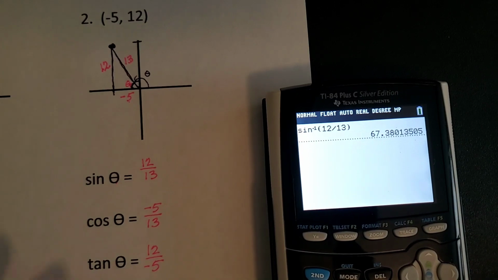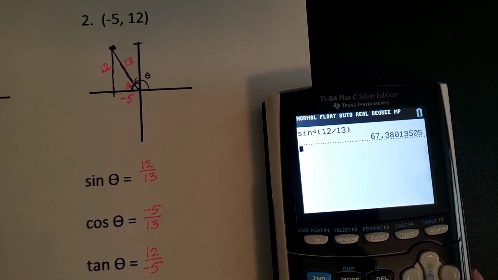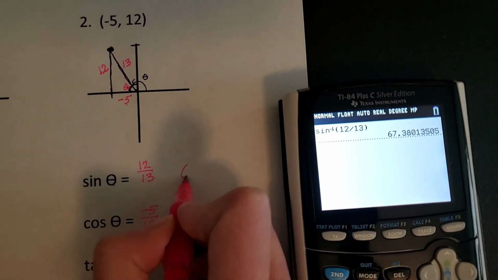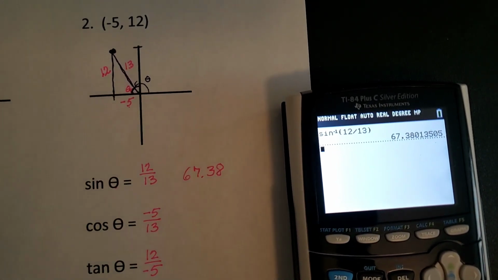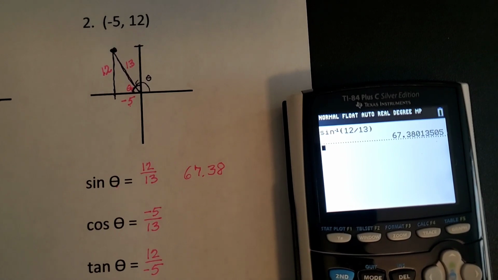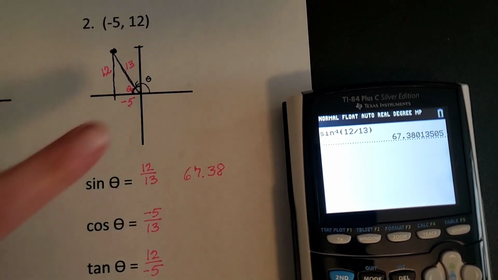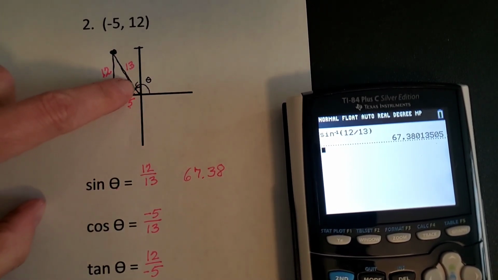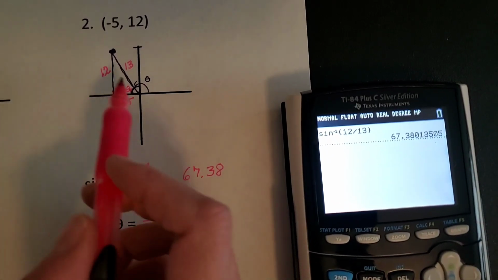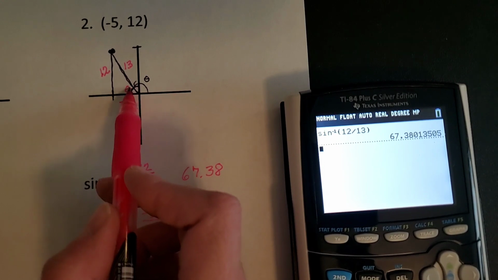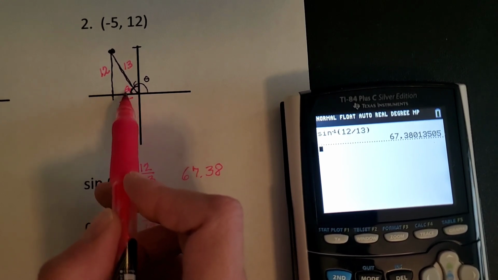Well, that is 67.38. Now, that should be slightly bothersome to you because 67.38 is in quadrant 1, and my angle is in quadrant 2. This is not the theta I want. That actually is the reference angle right there.